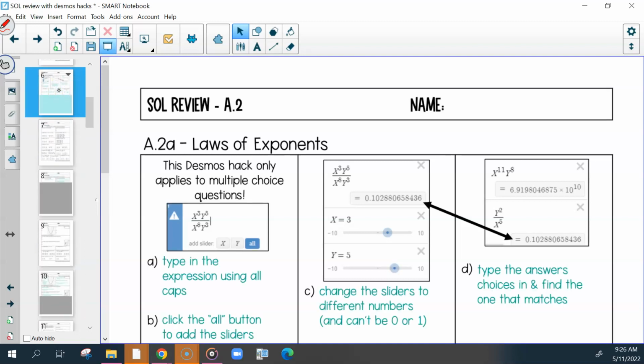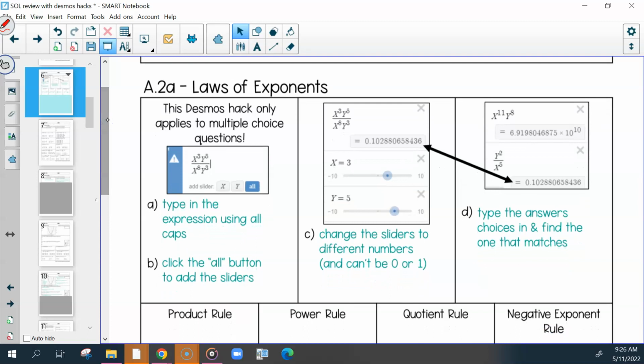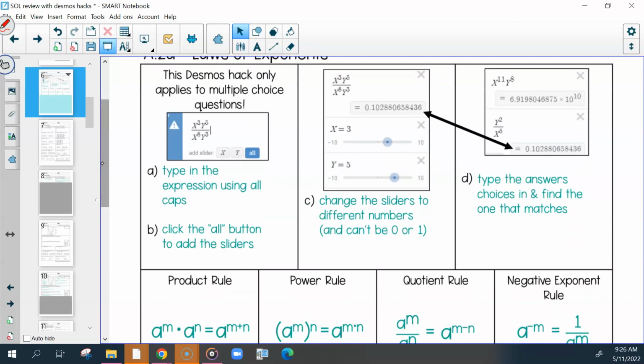On the next page, you're now in laws of exponents. So for your Desmos hack, I mentioned this before, but this only applies to multiple choice questions. If you type in the expression, okay, so I didn't know this part. I think before I said use different variables, but if you use x and y but make them caps, then this will still work.